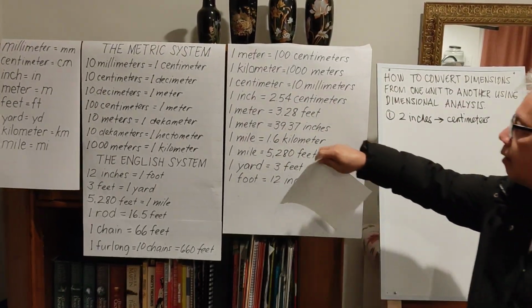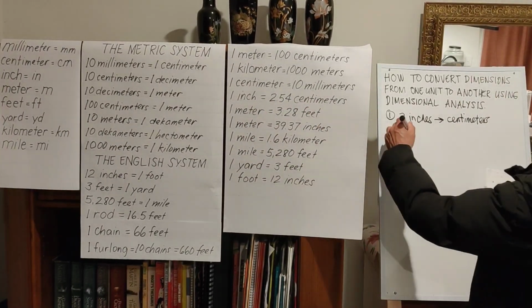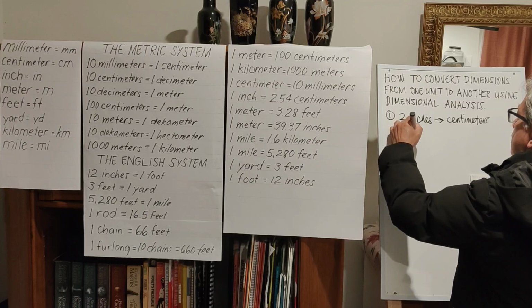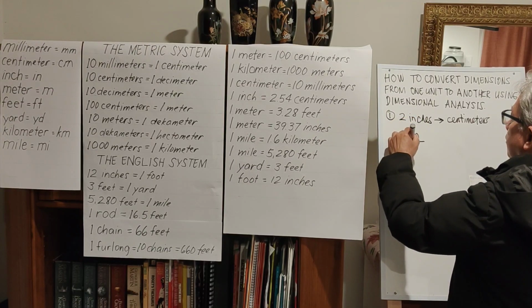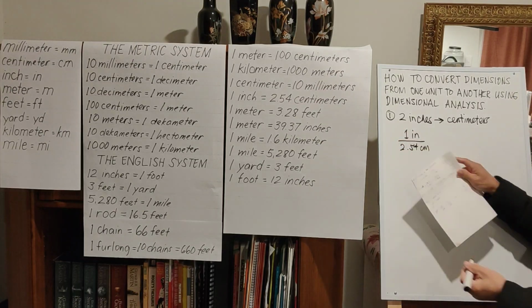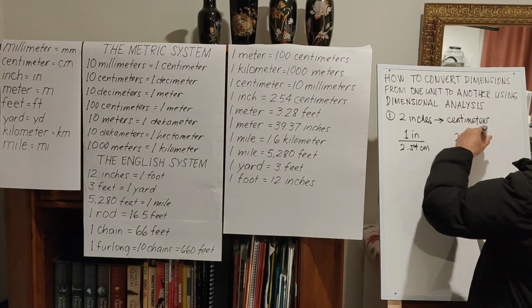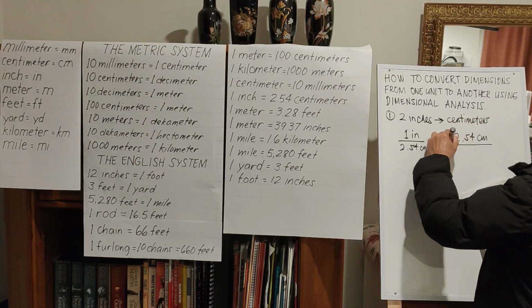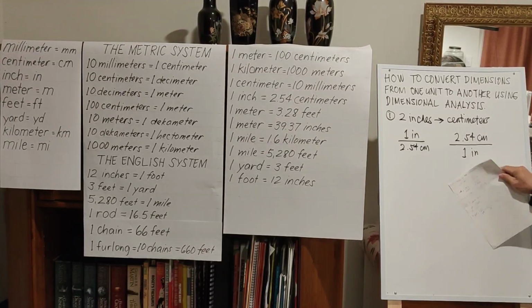So we can make this into a fraction like this: 1 inch over 2.54 centimeters, that will be equal to 1, or 2.54 centimeters divided by 1 inch. This is also equal to 1.